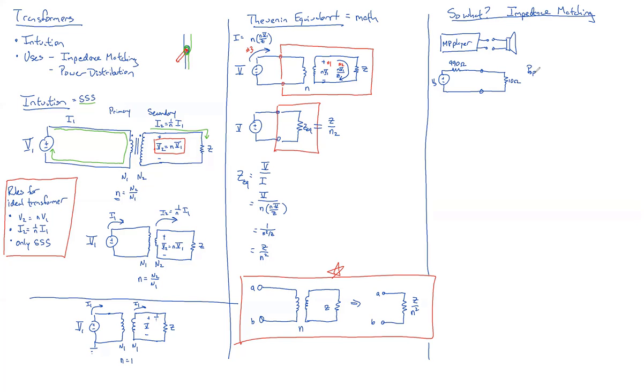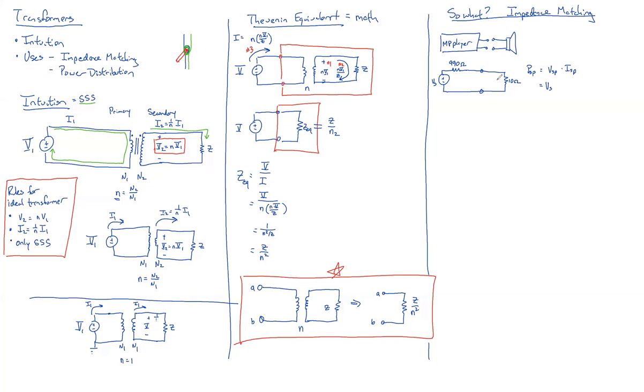In order to figure that out, it's going to be the voltage to the speakers times the current to the speakers. So what's the voltage to the speakers? It's VS, but that's at the source.